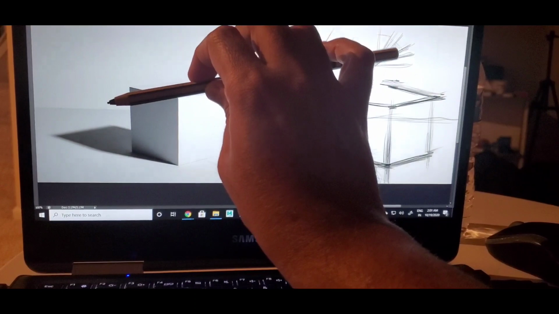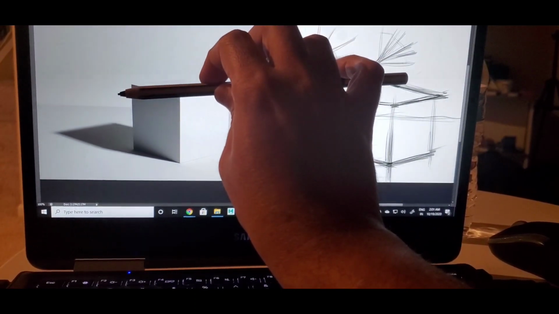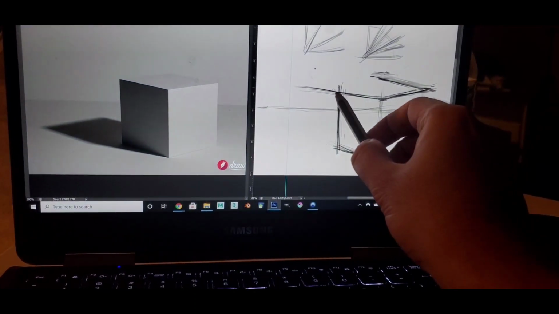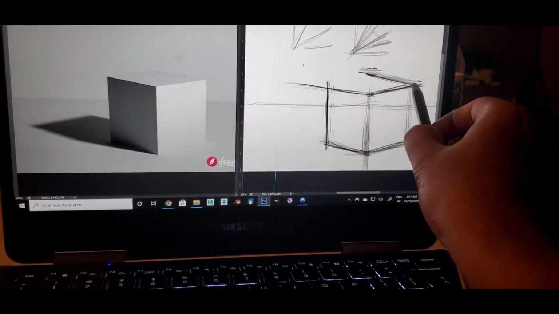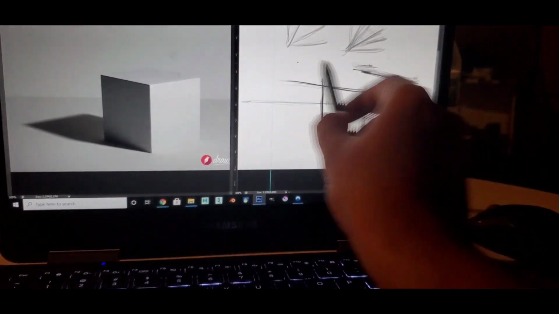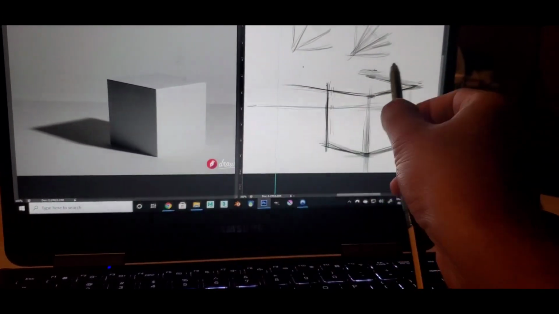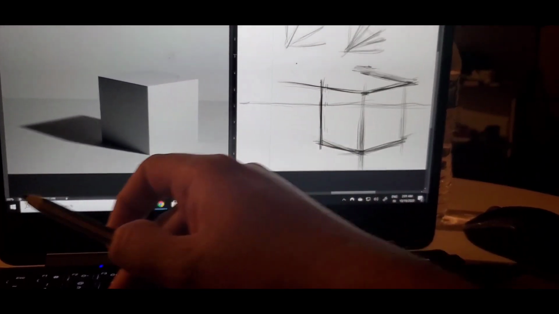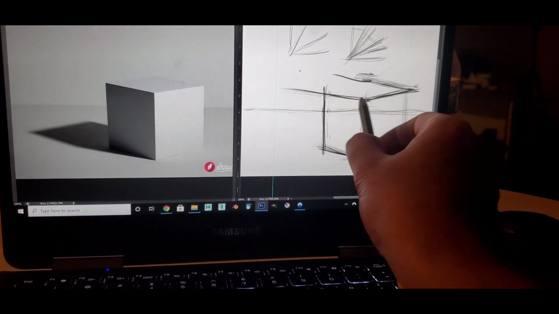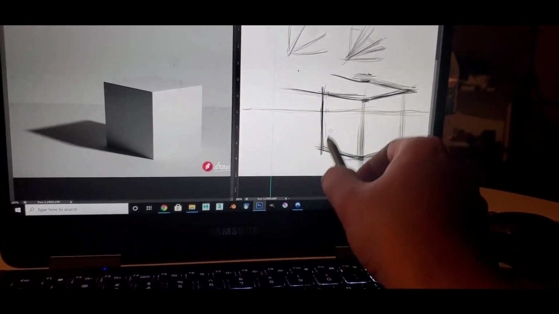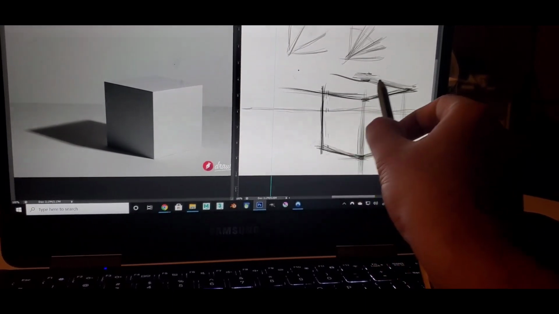Similarly, I have to get this angle over here. I'll make a mark. Now remember again, now this angle, see now this is not meeting the vanishing point. So even this is not accurate enough. Now these three lines have to meet the vanishing point.